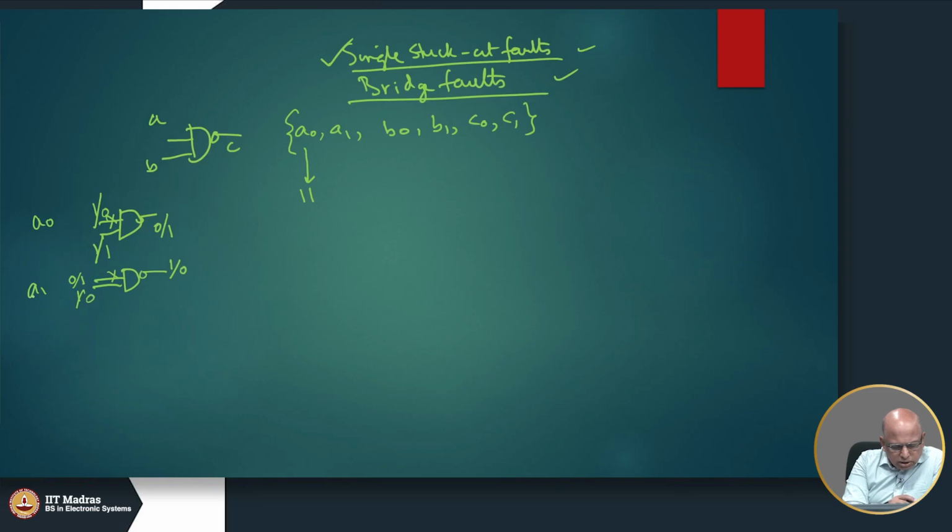This is what the good circuit has and this is what the faulty circuit has. So, if A is stuck at 1, a faulty circuit will have a 1 here, and as a result it will produce a 1, whereas a good circuit will produce a 1, a faulty circuit will produce a 0. So, I think I made a mistake here. Here both will be 1, the good circuit as well as the faulty circuit will have a 1.